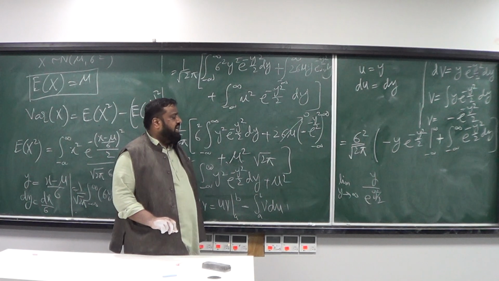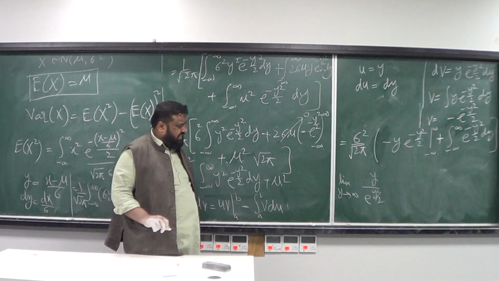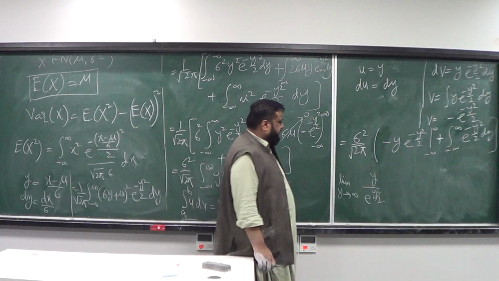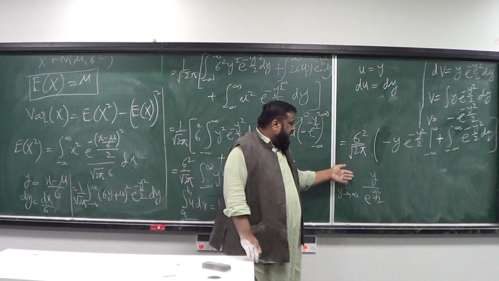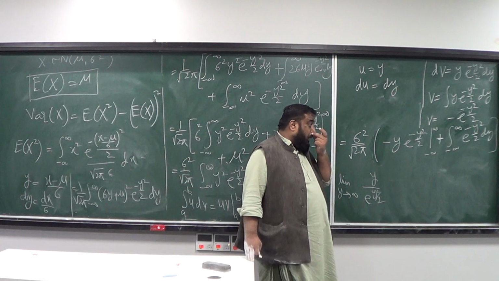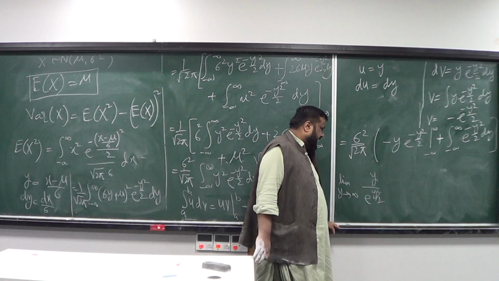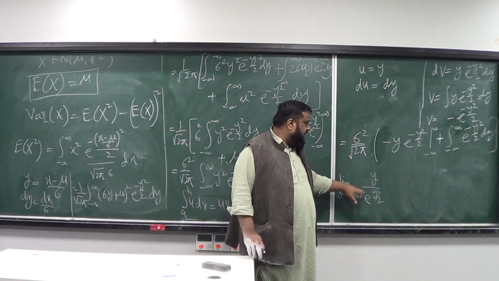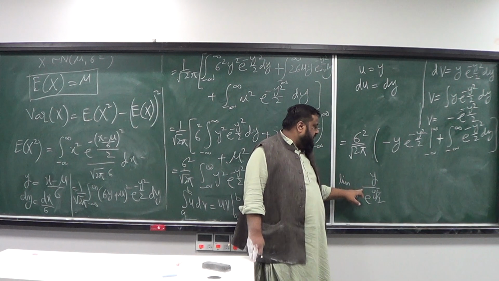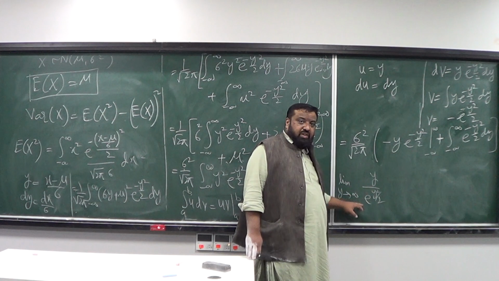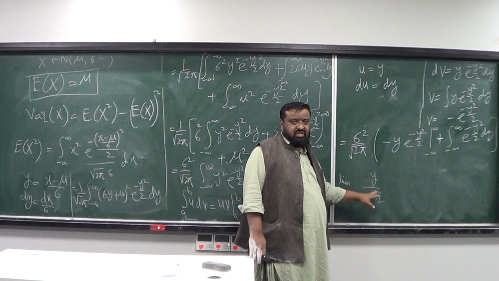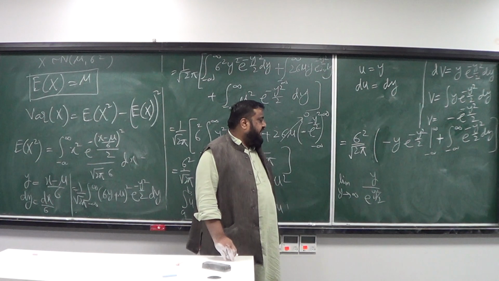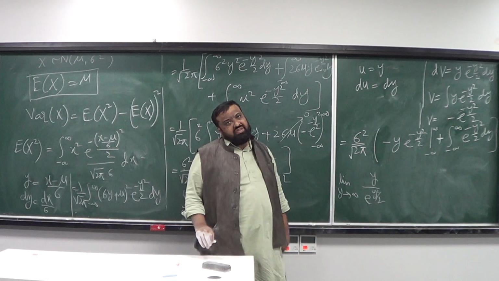It's infinity by infinity form, so I can apply L'Hopital's rule. So this is going to be 1 divided by the derivative of e to the y square by 2, in other words y times e to the y square by 2, and that will go to 0 as y goes to infinity.